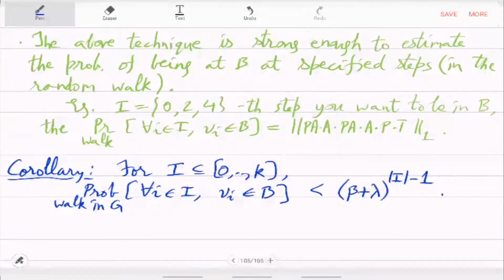So when I is everything 0 to k, then we showed beta plus lambda to the k. Otherwise, it is the number of vertices that you want in B. Okay, so you can also give a similar proof for this. So that I leave as an exercise.